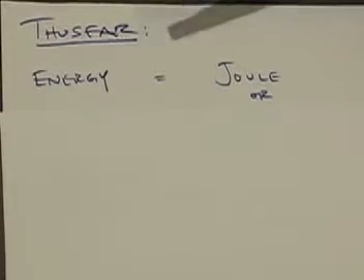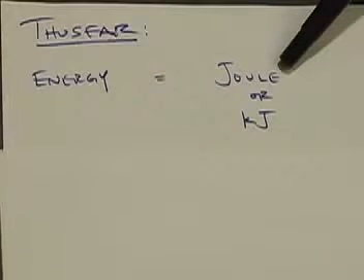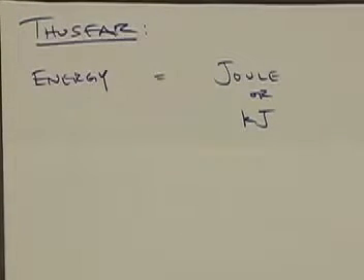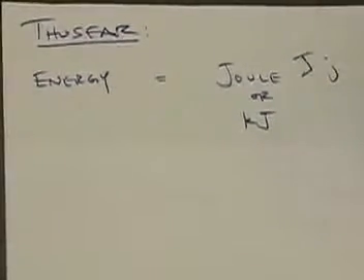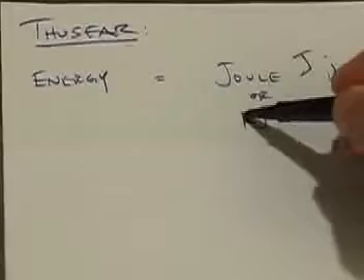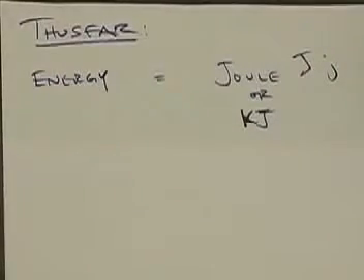The measurement of energy in the metric system is done by a unit called the joule, or the larger unit sometimes called the kilojoule. The joule is represented by a J, capital or lowercase j, and a kilojoule is represented by a small k and a capital J or small k and a lowercase j.